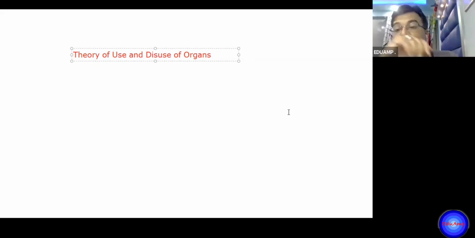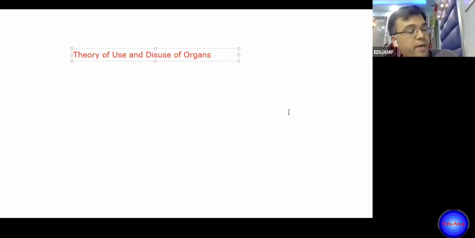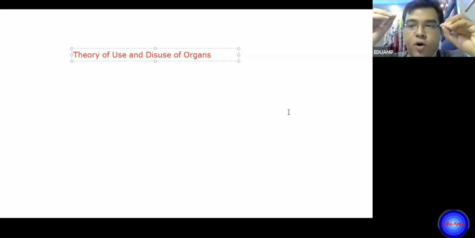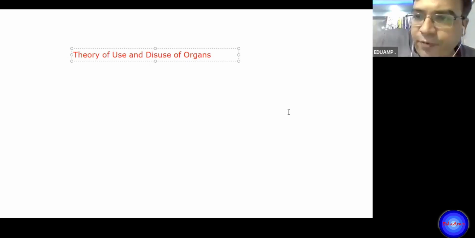The organ which is used more becomes more developed, but the organ which is used less becomes underdeveloped. मतलब जिस ऑर्गन को हम ज्यादा यूज करेंगे वो ज्यादा डेवलप हो जाएगा, जिस ऑर्गन को हम कम यूज करेंगे वो अंडरडेवलप्ड हो जाएगा. क्लियर?